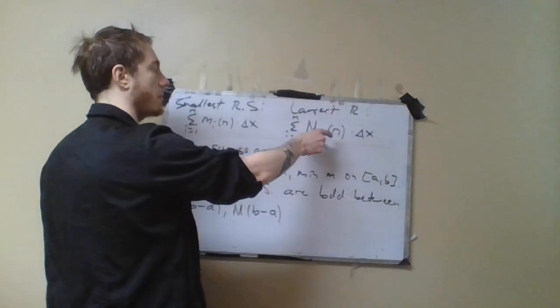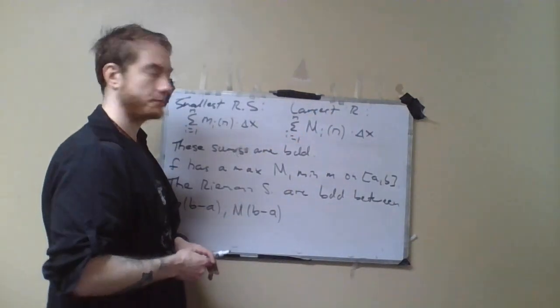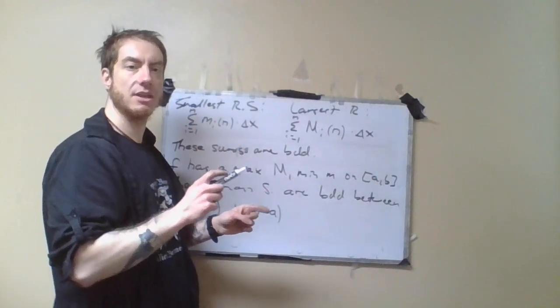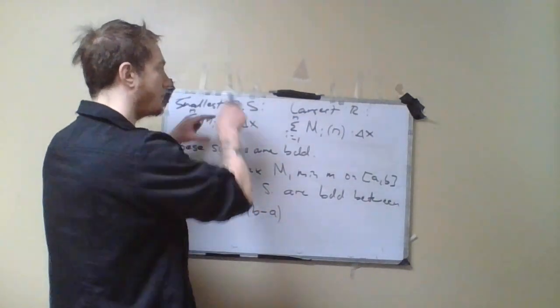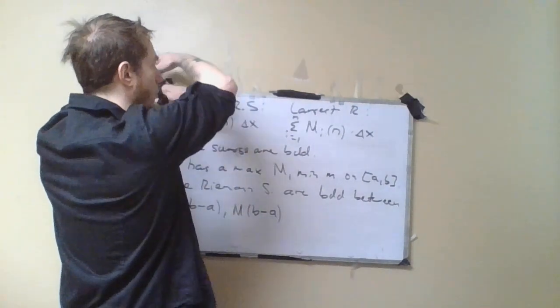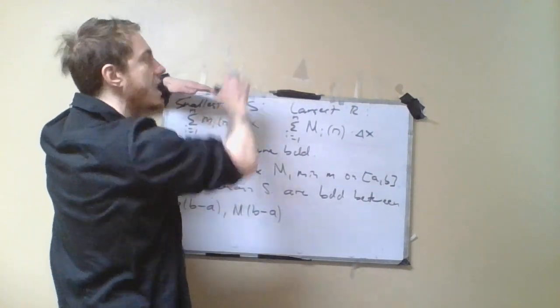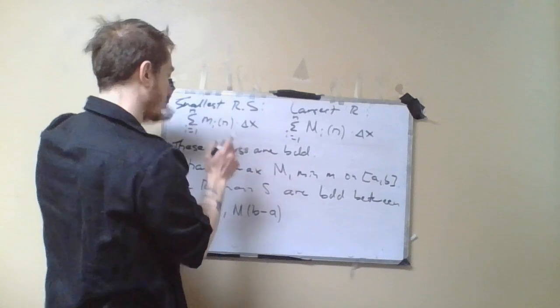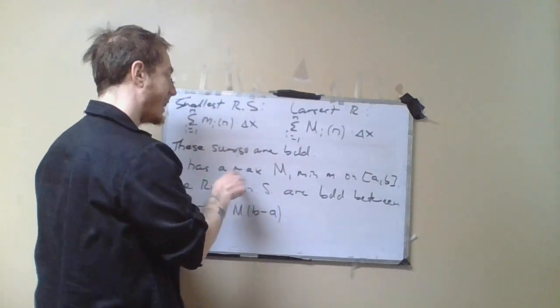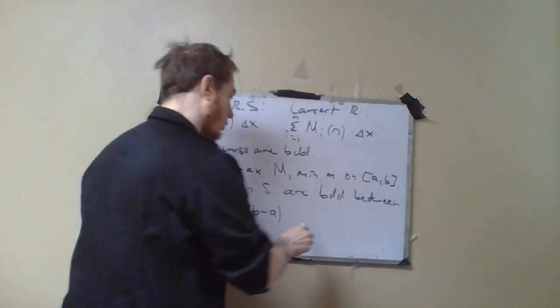So you break this thing up into small rectangles with different heights. They all fit inside the rectangle with a top at capital M, and they fit above the rectangle that has its edge at little m. So in other words, we have some function here going from a to b, and here is the maximum of the function, here is the minimum of the function.